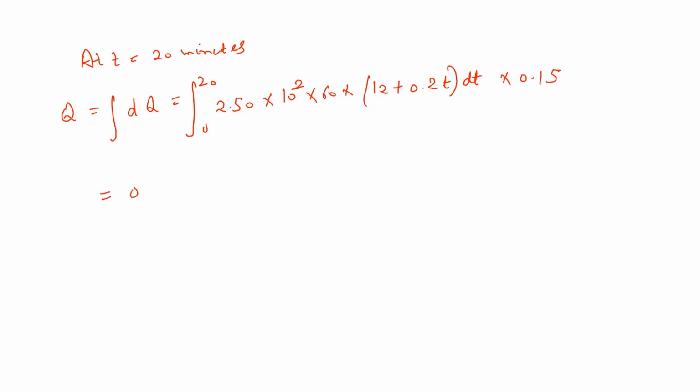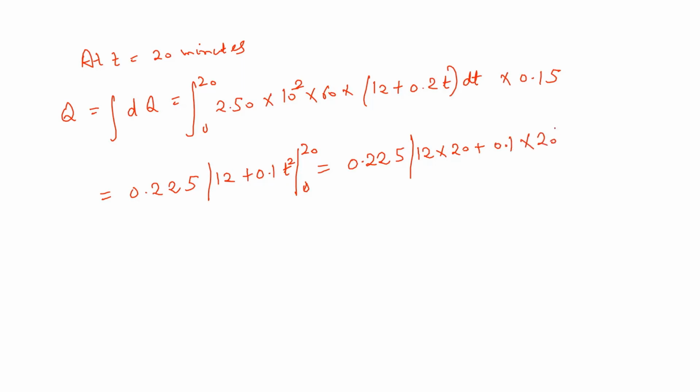So if we solve this out, it would become 0.225 times (12 × 20 + 0.1 × 20²), and if we solve this out, it would become 63 mm³, which is our volume.